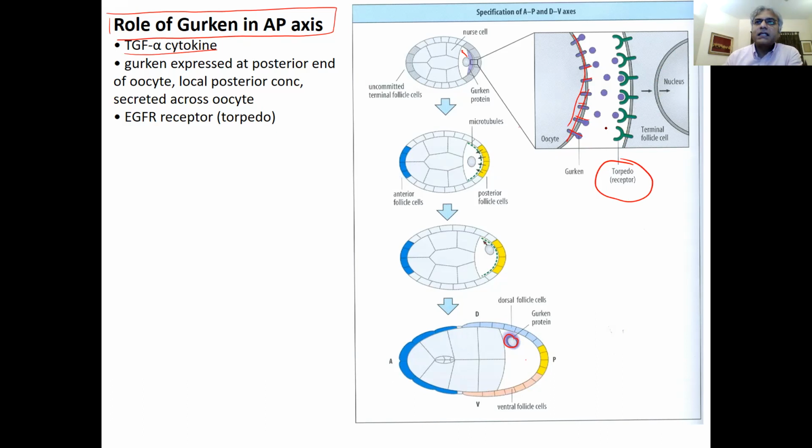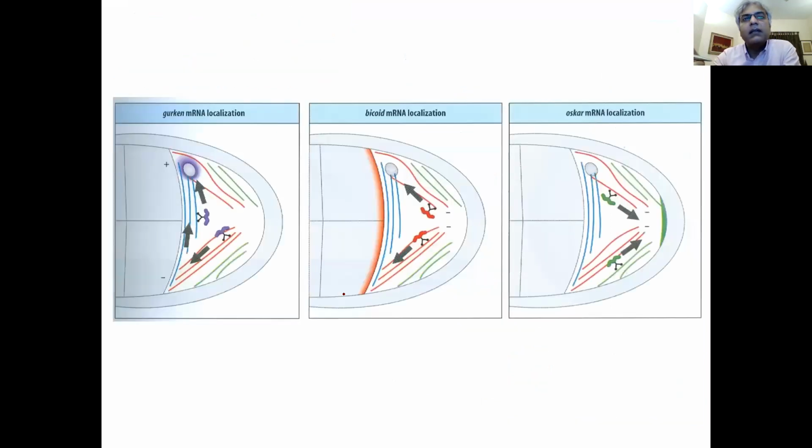And this Gurken-mediated cell signaling to the adjacent cells eventually leads to a signal coming from these follicle cells that asks the nucleus to move to the anterior end of the oocyte.